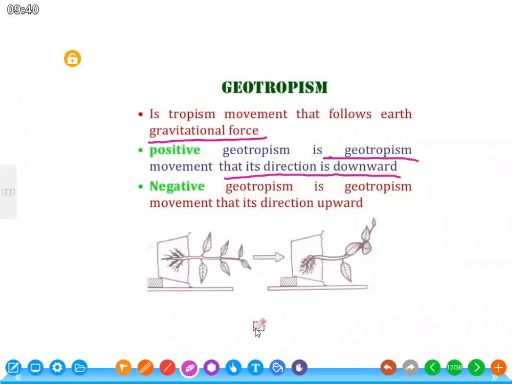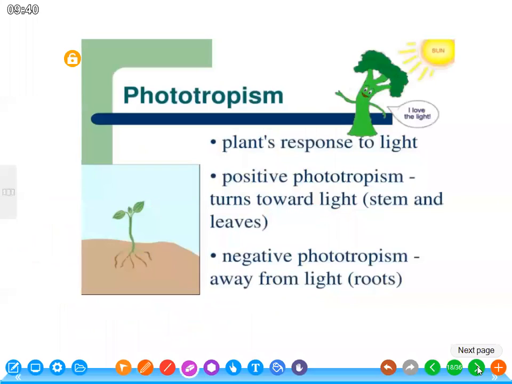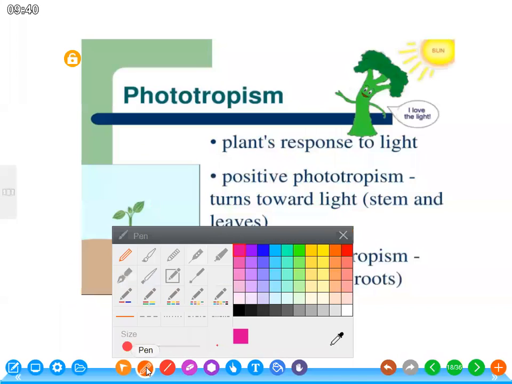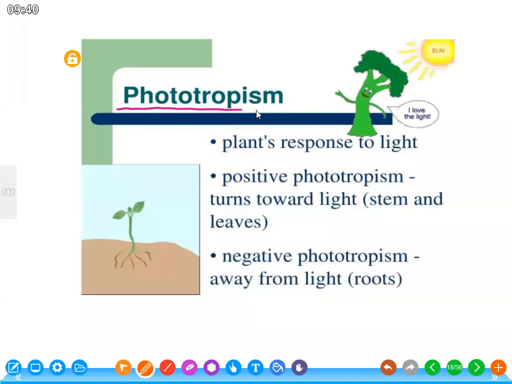Right. Then next, phototropism. Okay? Here, plants respond to light. The example for positive phototropism: it turns towards the light.